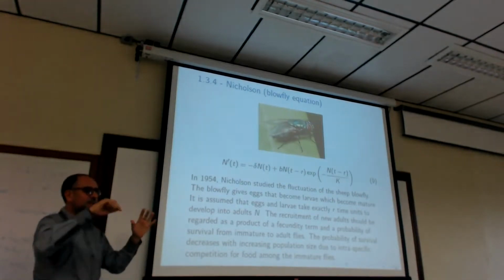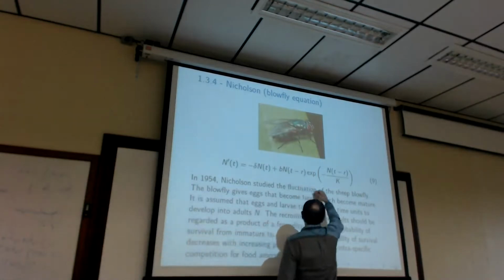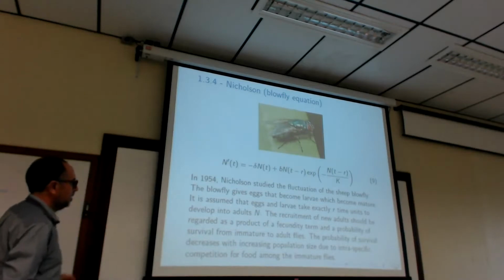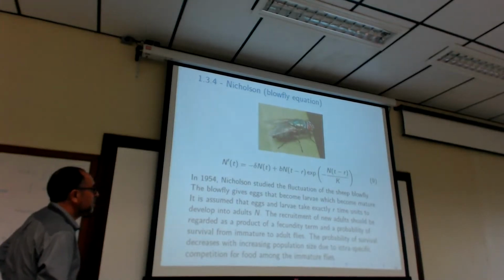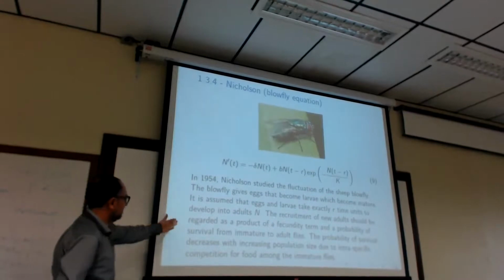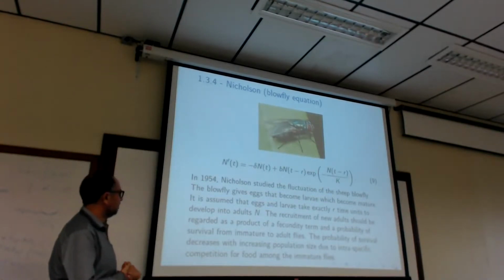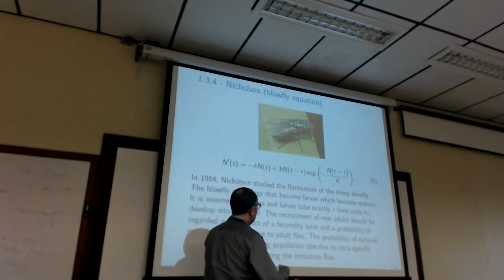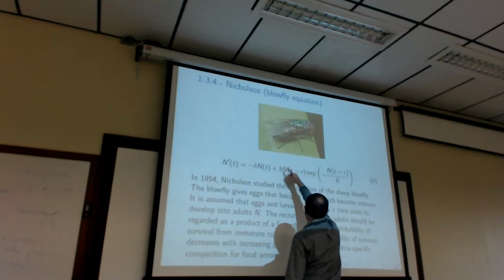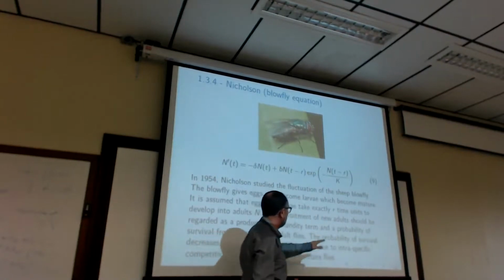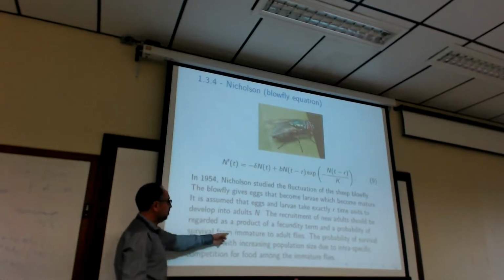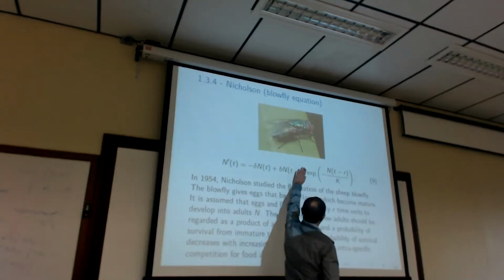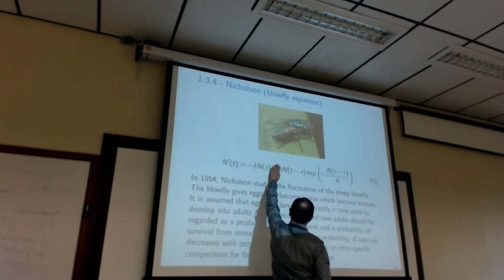You have something under here, and this is given by this expression. That is why there is a delay. The new adults should be regarded as a product of fecundity, which is given by this expression, and also the probability of survival from immature to adult flight, which is given by this expression. This is the survival rate, and this is the fecundity rate.